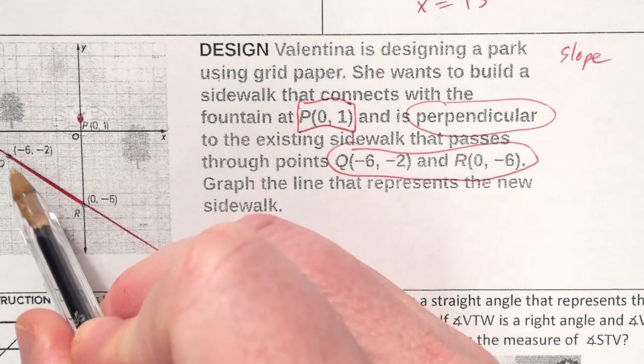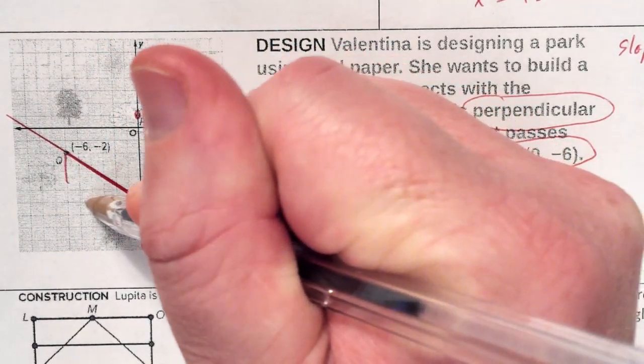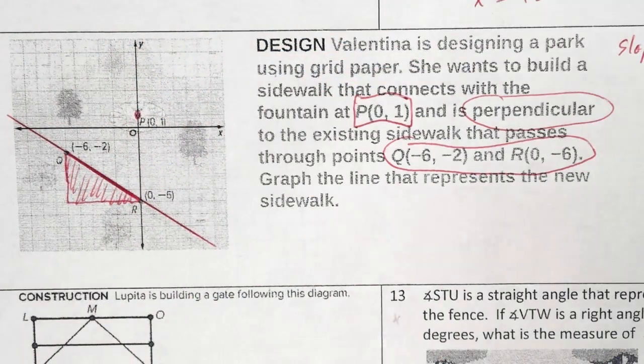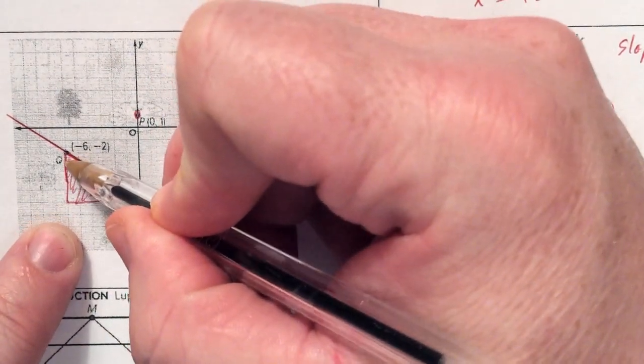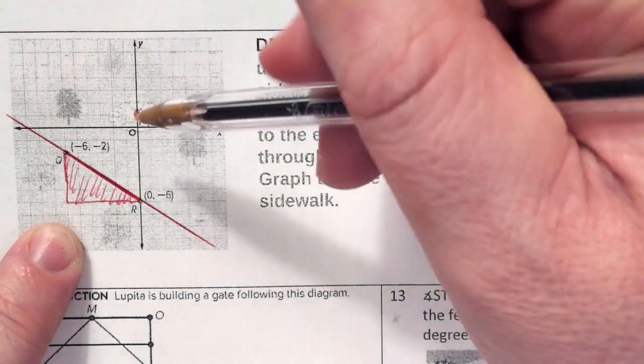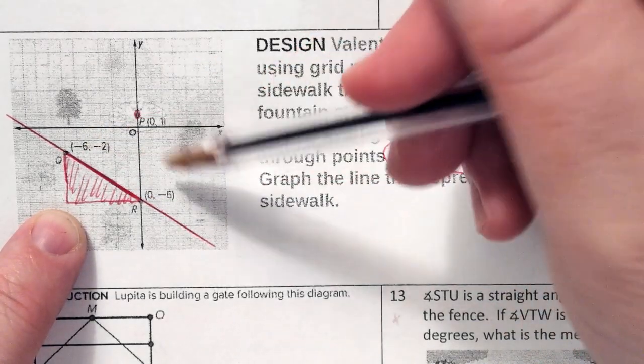So we know we have to go through this point, so we need to figure out what our slope is right now. You can't really see the lines, so maybe you want to regraph it with these coordinates.